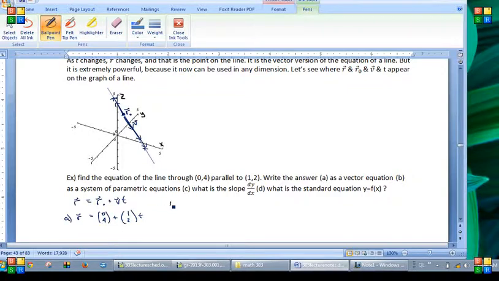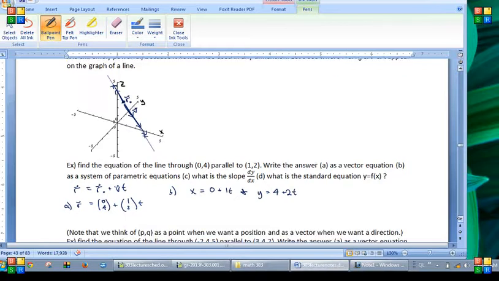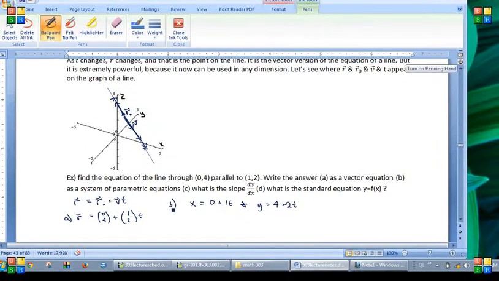The answer to B is the system of parametric equations. So you get x equals 0 plus 1t, and y equals 4 plus 2t. Okay. So now, what about C? What is the slope? Well, the slope comes from the direction that we're traveling in.